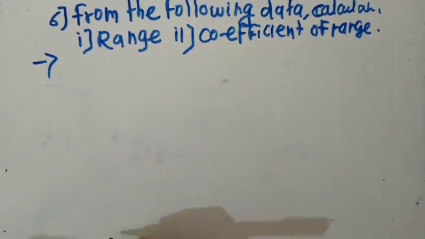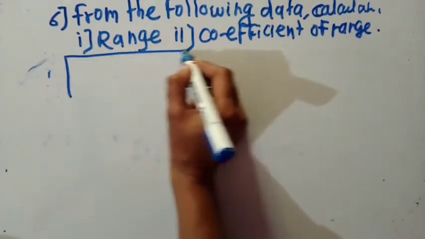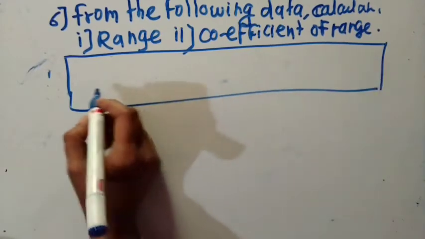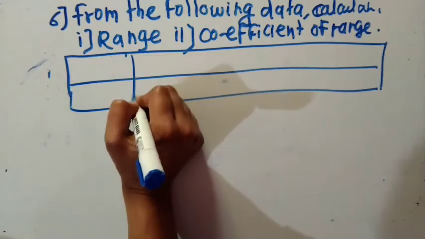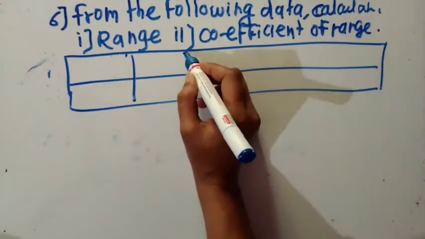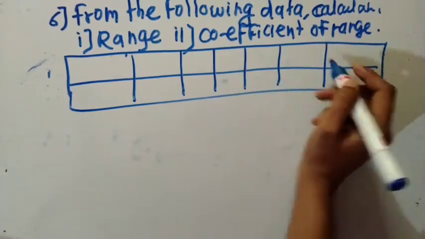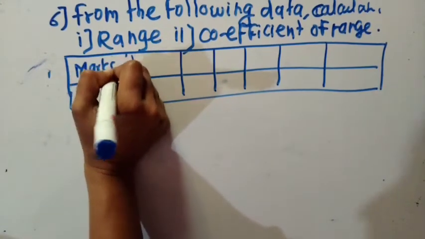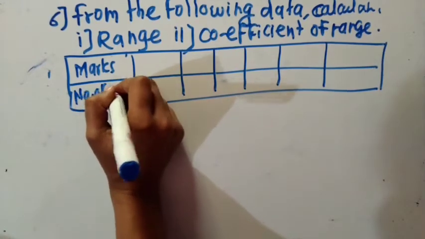So first upon we draw this chart. So 1, 2, 3, 4, 5, 6. So here marks, so here number of students.